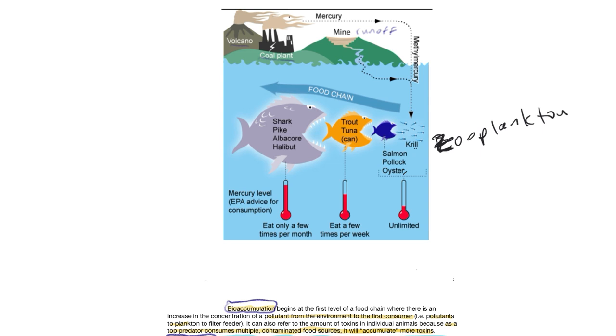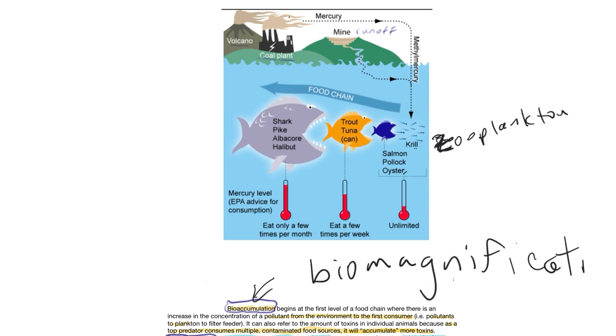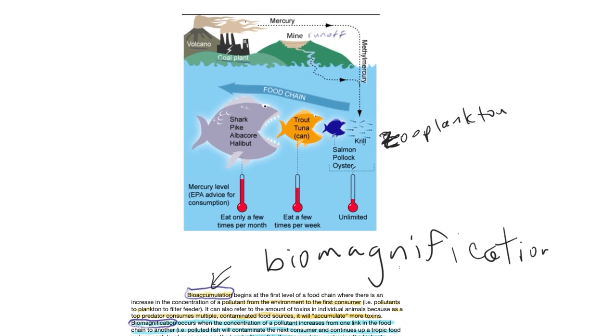So this is called bioaccumulation or biomagnification, where a toxic element builds up in the tissues of whoever's eating it. So you're not really supposed to eat tuna more than twice a week, or else you'll accumulate the mercury in your tissues, and it can lead to nervous system issues.